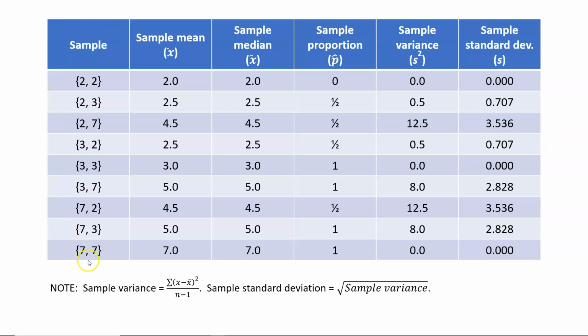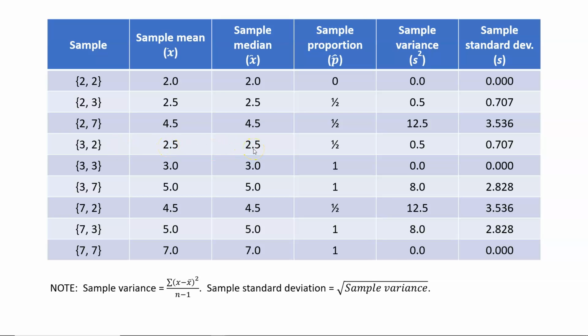Here on the far left, we see the 9 possible samples of size 2 that could be drawn from the hat, and then the corresponding sample mean, median, proportion, variance, and standard deviation corresponding to each sample. So for example, if I draw out a 3 followed by a 2 from the hat, the average value is 2.5. You add the two values, divide by 2.